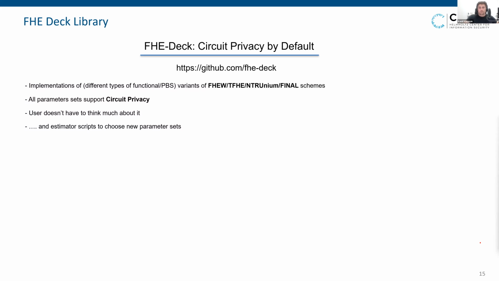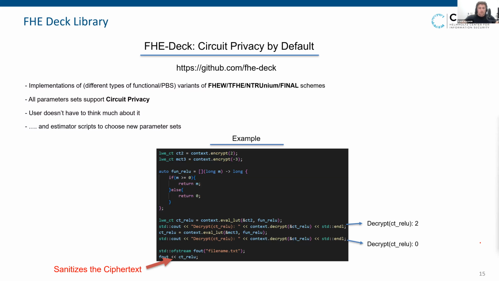Plus, there are estimator scripts to help you come up with new parameters in case you need to meet some specific requirements. So here is a short example of a C++ program that computes the ReLU function. First we encrypt some numbers, then we define a lambda expression that specifies the function we want to compute, and we simply run eval on it, and it works.